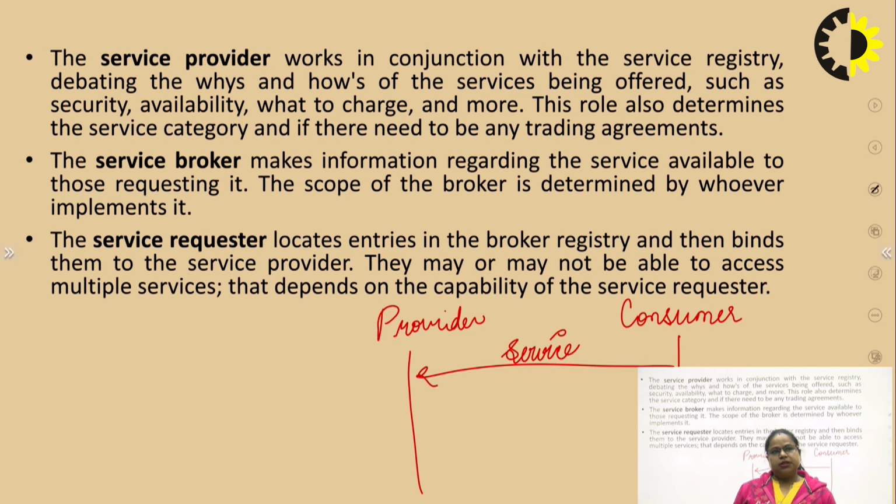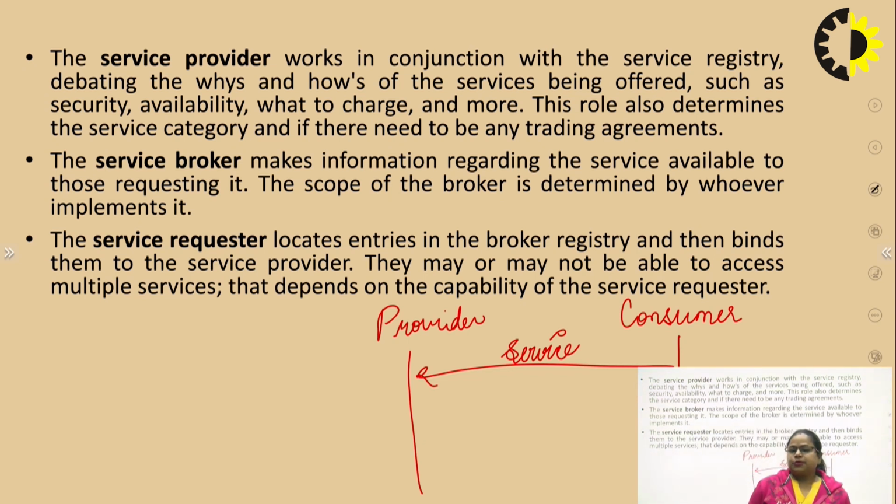That includes all the types of services, terms and conditions, protocols, syntax and semantics, and so on. How we are going to offer these services, what are the charges, what is the availability of that data, what is the security of that data, how you need to maintain the privacy of data and so on. In brief, a service registry is a document which gives the terms and conditions for how we need to use that particular system.